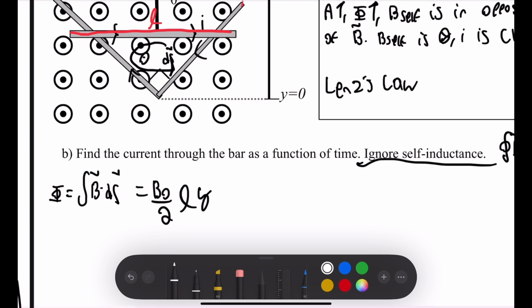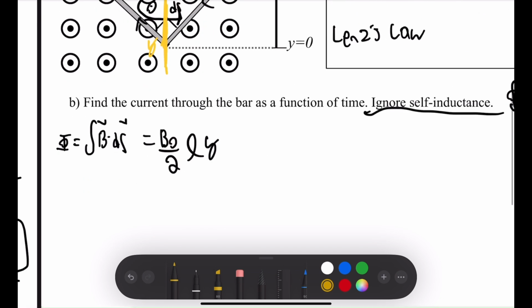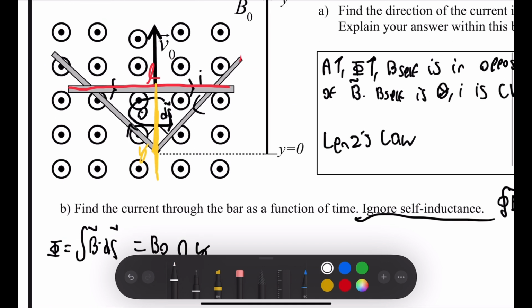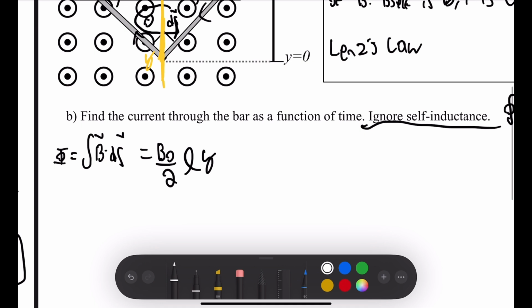If I split this down perfectly like this, I will get this hypotenuse here, which is going to be y. And then ds is pointing out and B is pointing out, so the dot product is going to be positive. So I can leave it like this.